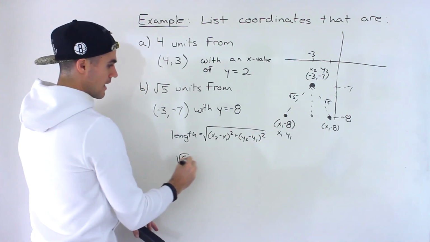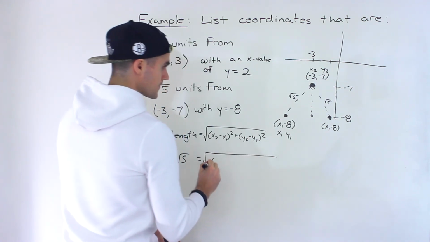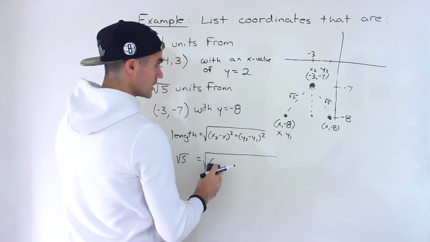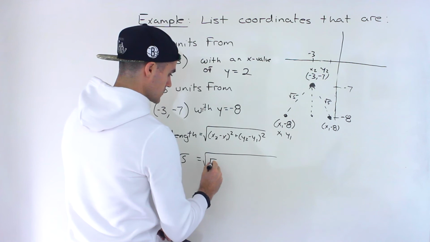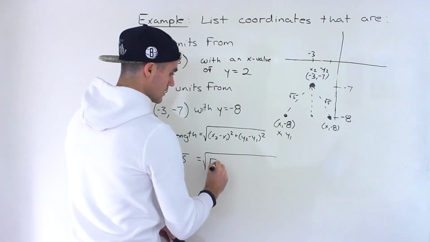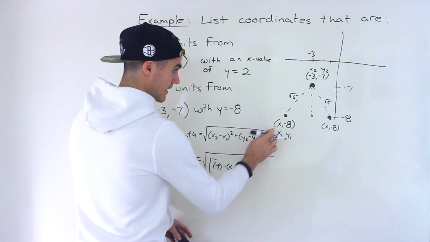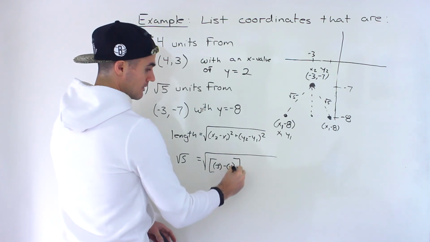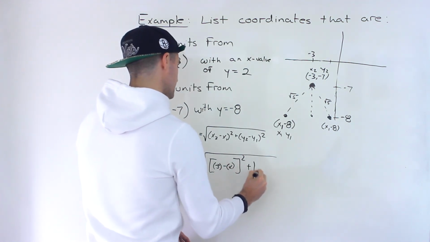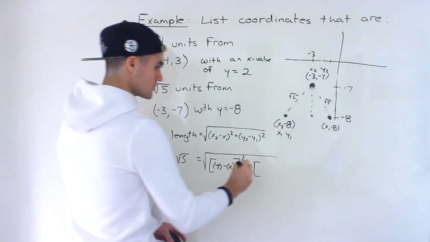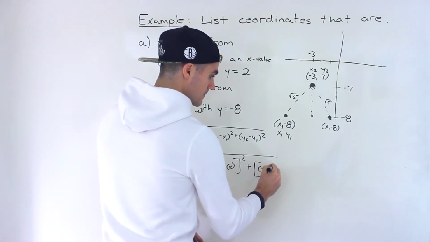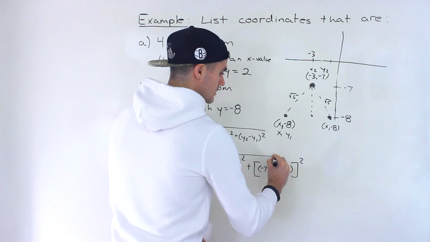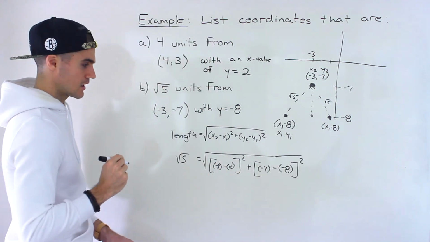So we're going to have root 5 equals root of [x2, which is negative 3 minus x1, which is x], squared, plus [y2, which is negative 7 minus y1, which is negative 8], squared. Let me put these in square brackets, since we're dealing with some negatives. That x is what we're going to be solving for.